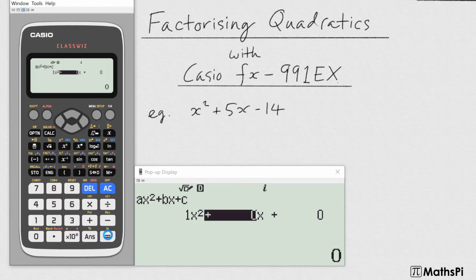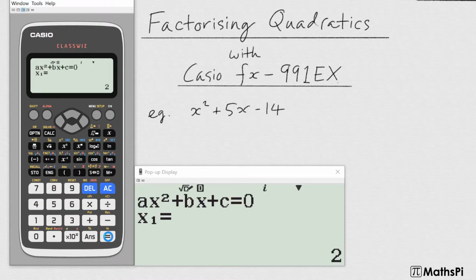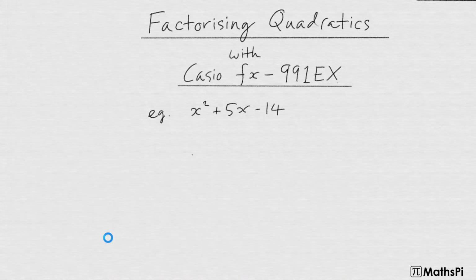So we've got 1x squared, 5x, minus 14, and the calculator is going to give us solutions as though the quadratic was equal to 0. First of all, it's given us that x is equal to 2, or x is equal to -7. So let's make a note of that. I'm just going to leave a little bit of a space here. So we had x is equal to 2 and x is equal to -7. By leaving a space, I'm going to be able to work backwards.